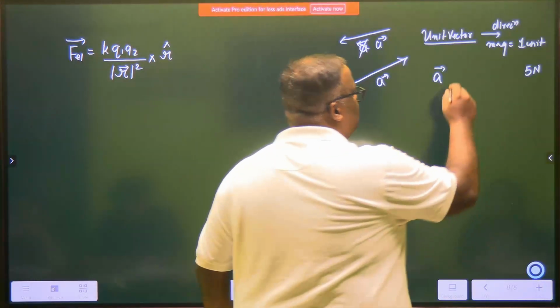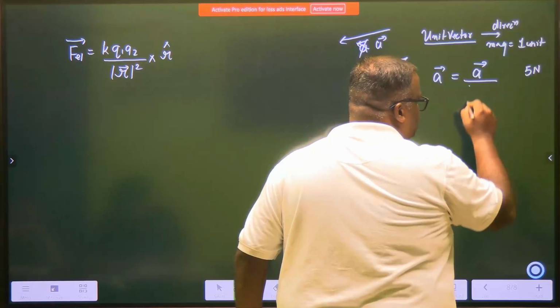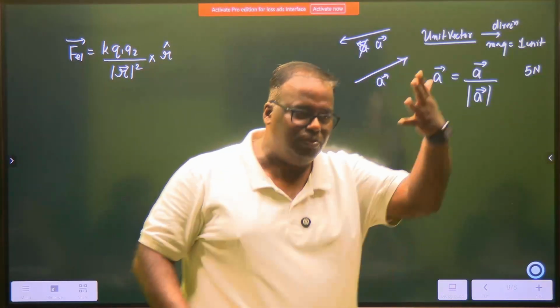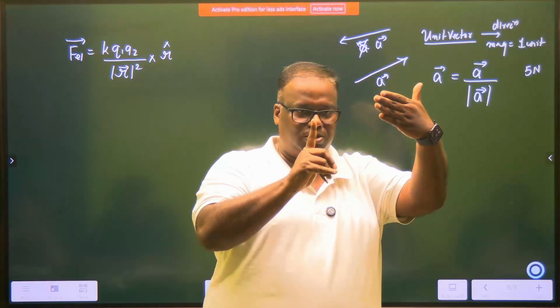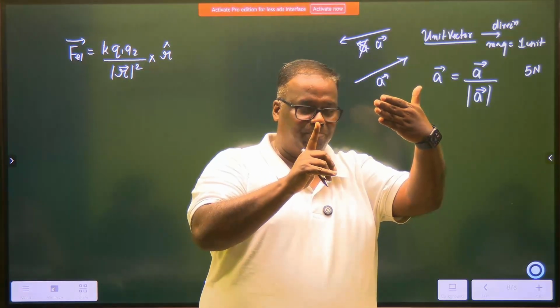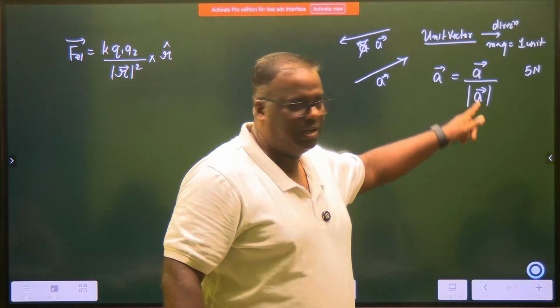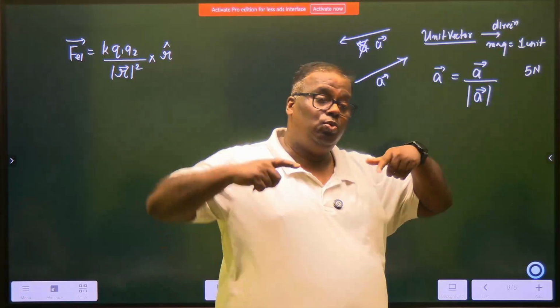So unit vector means I'll take the vector and strip off all the magnitude out of it. Imagine 5 Newton divided by the value 5 is what? 1 Newton. Understood? Now, if you look at this, it is a vector which you are multiplying by a scalar value of 1 upon A magnitude.